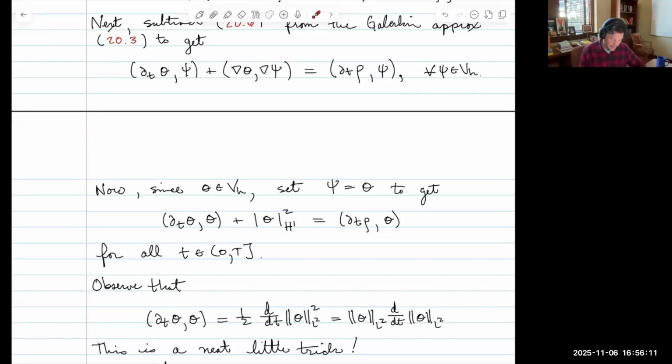So phi is in VH, psi is in VH, we can set psi equal to theta. And that's what we do. When I do that, I get for the first term that this term is just the H1 seminorm squared of theta. And of course, this term is as shown here.